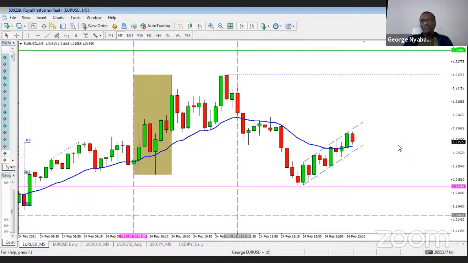Then I want to trade the whole European session, which is the open of the London Stock Exchange. And I want to trade the open of the US session, which takes us to the close of the European session. There is significant movement there.